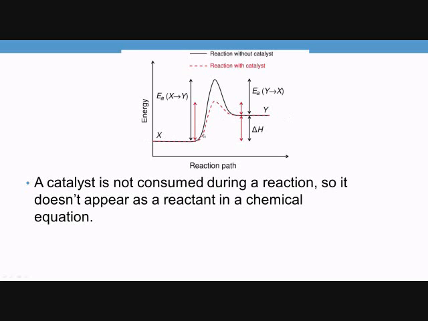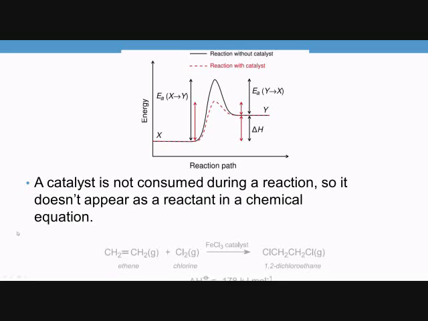And then do you notice how the dotted line shows with the catalyst and the peak is a lot shorter? So the peak height from Y, which stands for products, up to that top of the peak is the EA. That is the activation energy. And so it takes less energy with a catalyst to change from reactants to products. So that's, in a nutshell, what catalysts do.